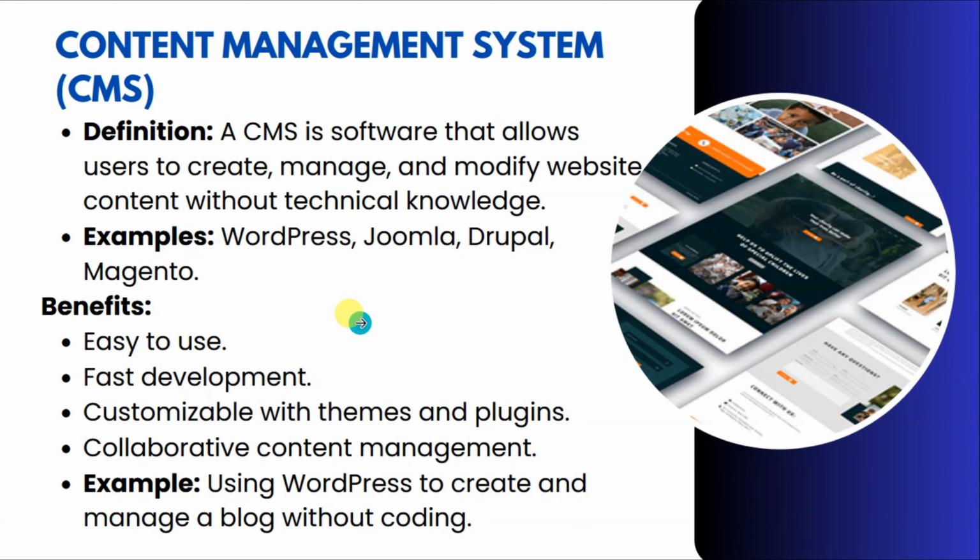For example, you can use WordPress to create and manage a blog without any coding. So that is what a content management system is used for, and that is exactly what we are going to be using for this training.